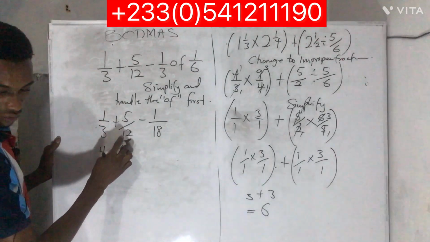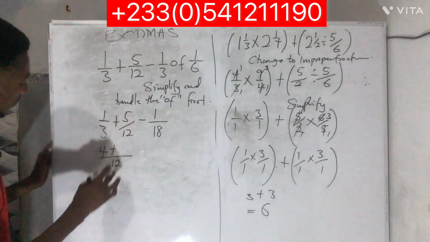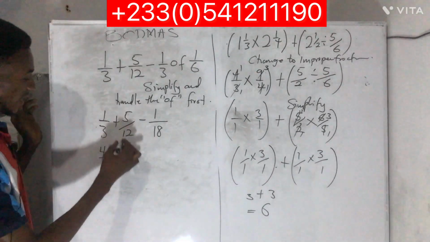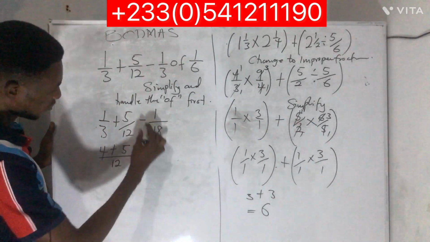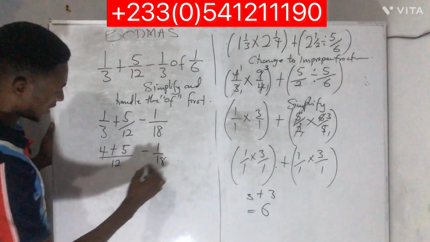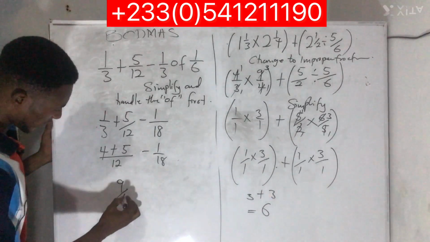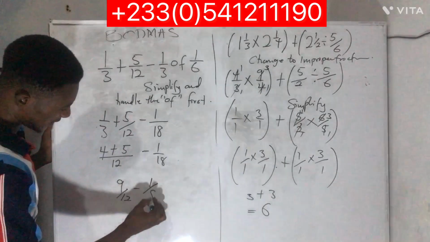Plus 12 will go into itself 1 time, 1 times 5 is 5. So minus 1 over 18. So now over here we have 9 over 12 minus 1 over 18.